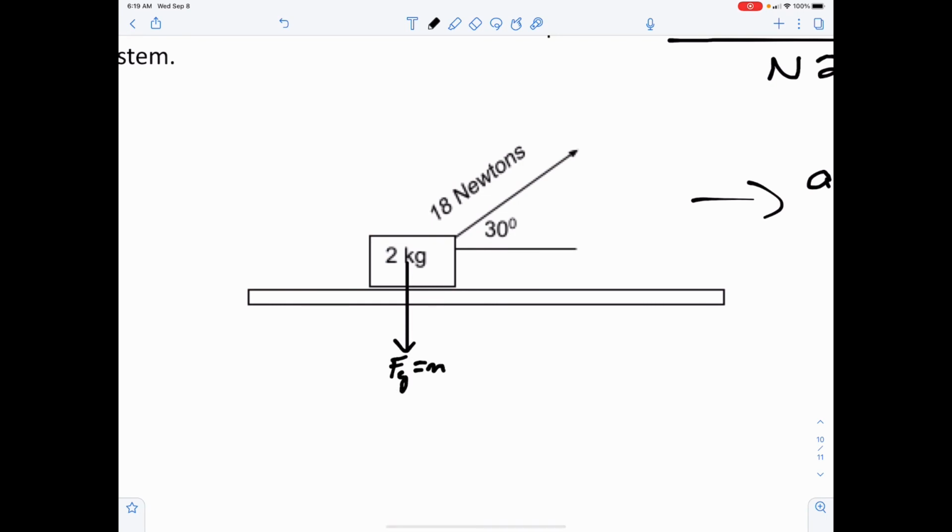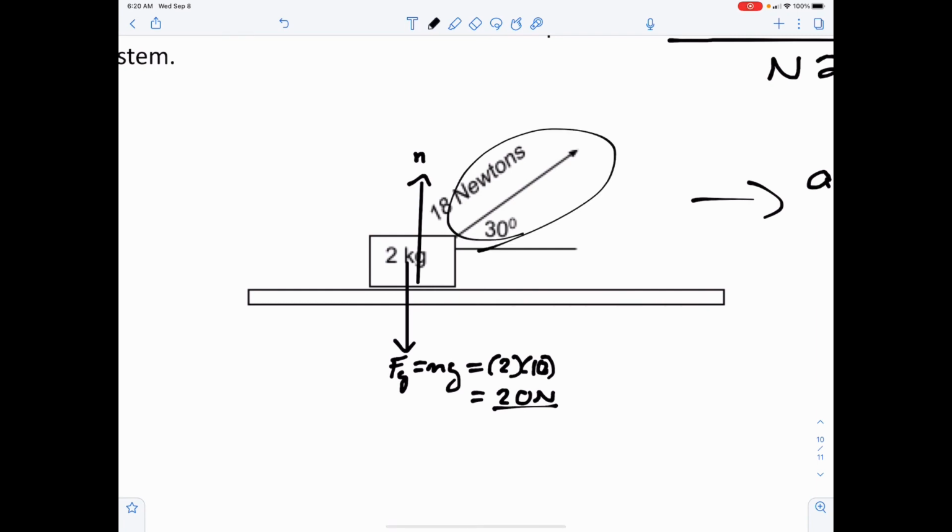The force due to gravity is the weight, mg, and that's going to be 20 newtons. Now we have to be careful. Although we have a normal force pointing up, normal force is not 20 newtons. The reason it's not balancing 20 newtons is because you have an upward force here that's also contributing to an upward total force.